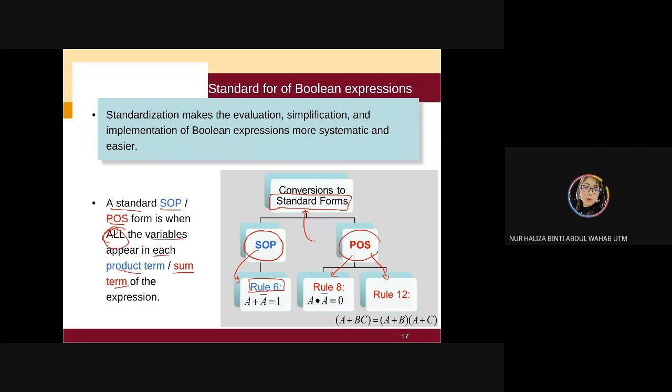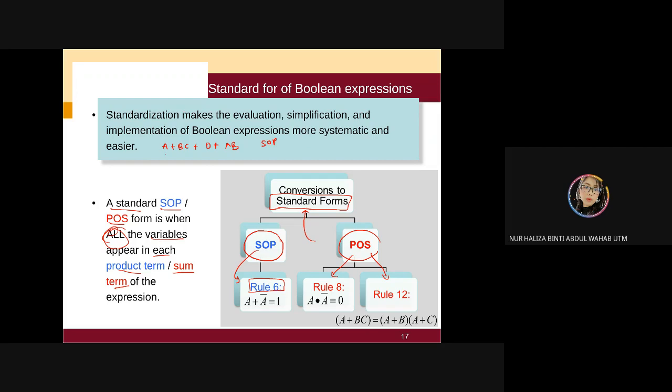So for example, let's say you have A plus B, C plus D plus AB. You can see this is SOP because you already know how SOP looks like, how POS looks like.